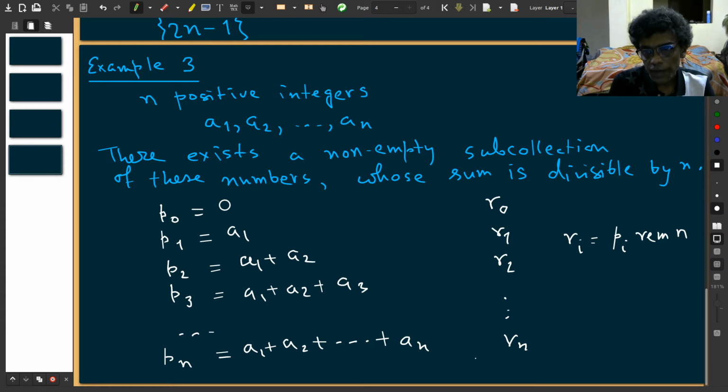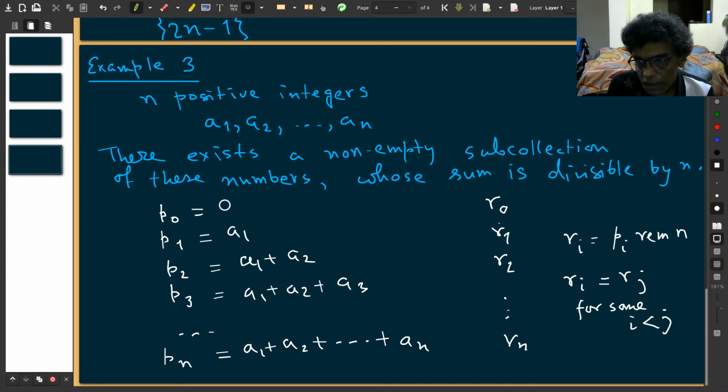And here you have n plus 1 remainders. So it must be that 2 of these remainders are repeated. There are even further repetitions, but at least one repetition you cannot avoid. So let us say Ri equal to Rj for some i less than j.